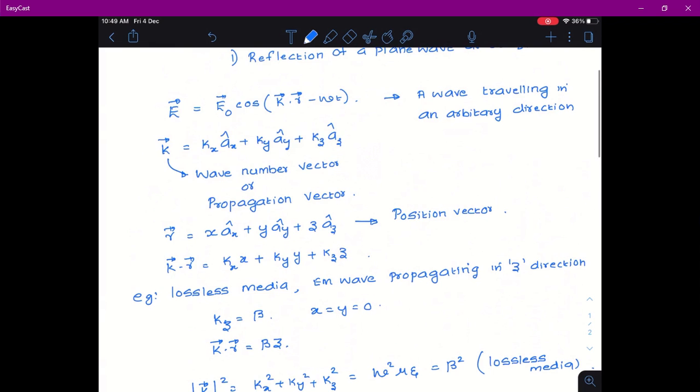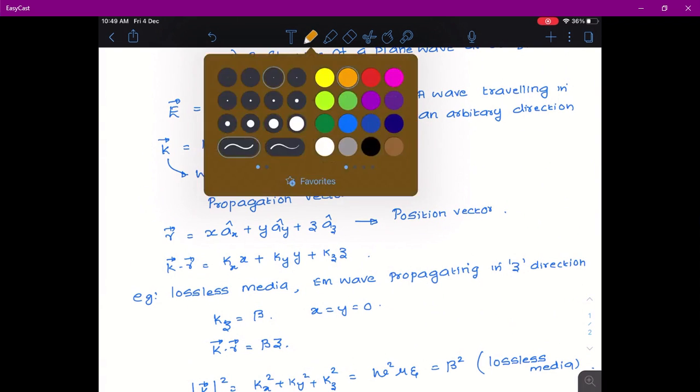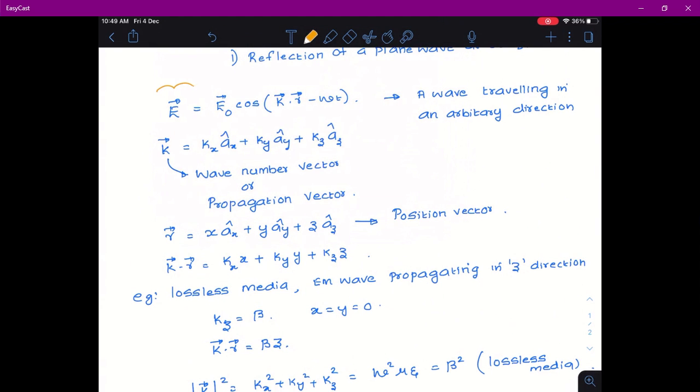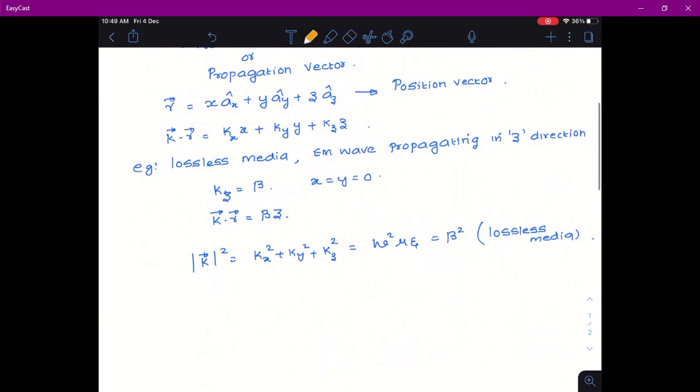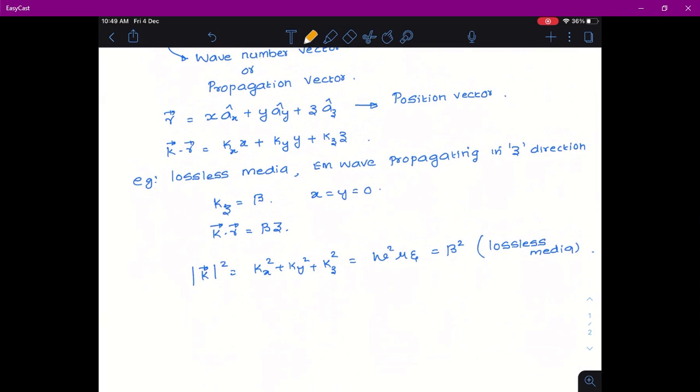So all the waves in general can be written in terms of the propagation vector and the position vector, and this is the equation of the corresponding electric field. And for lossless media, the magnitude of k is basically beta.